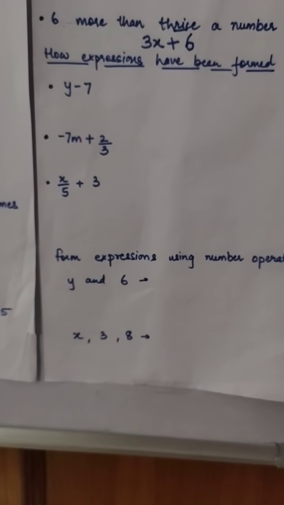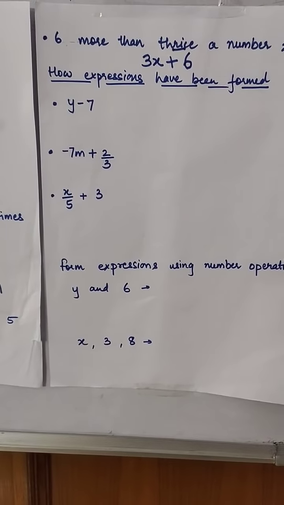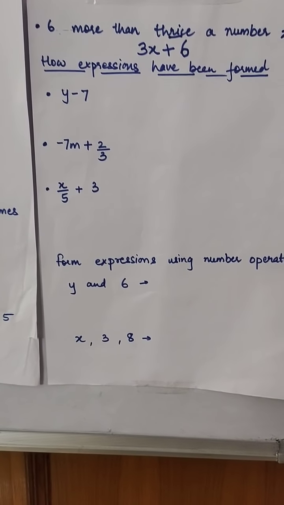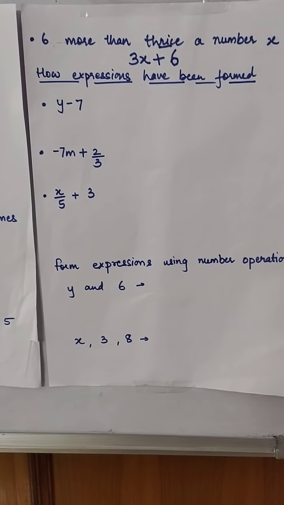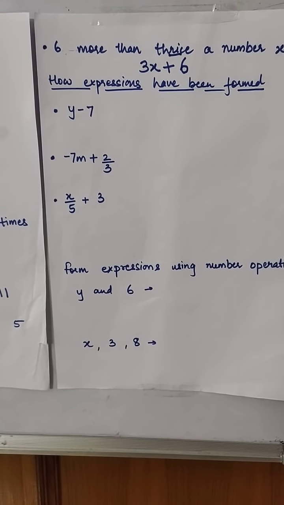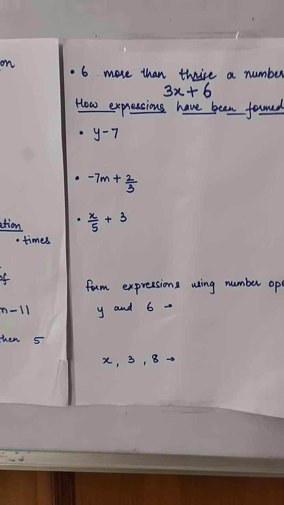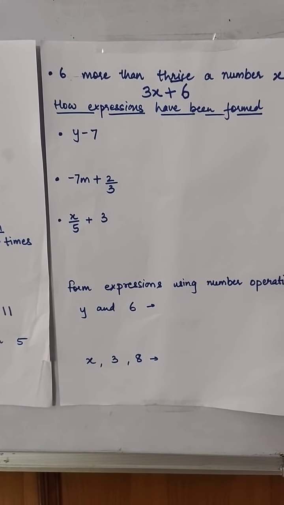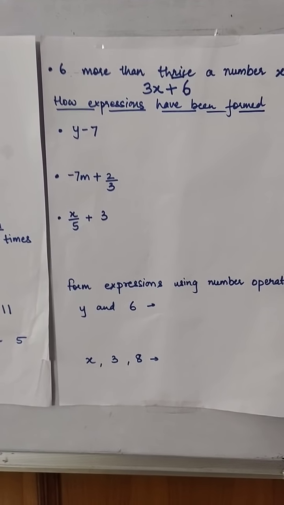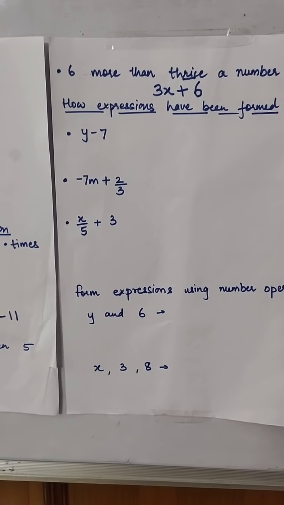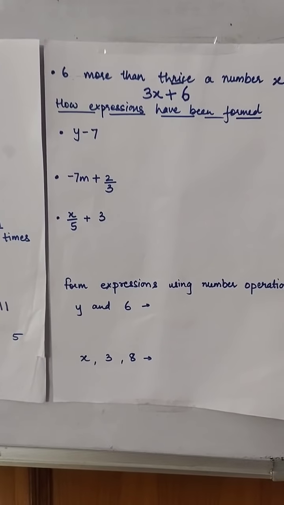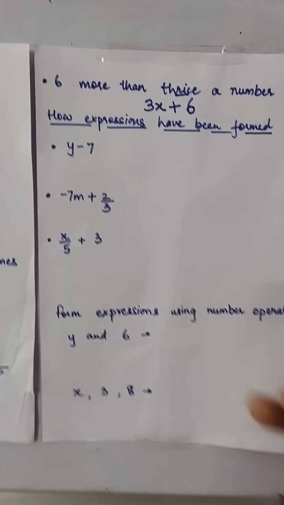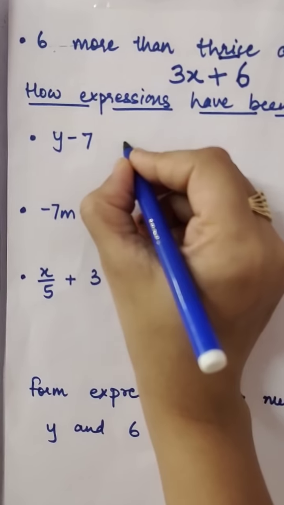So let's take the first case: y minus 7, or 7 is subtracted from y. You can use any word that I said. Y minus 7 is correct. You can use the word minus also, or you can say 7 subtracted from y. So what can we write?